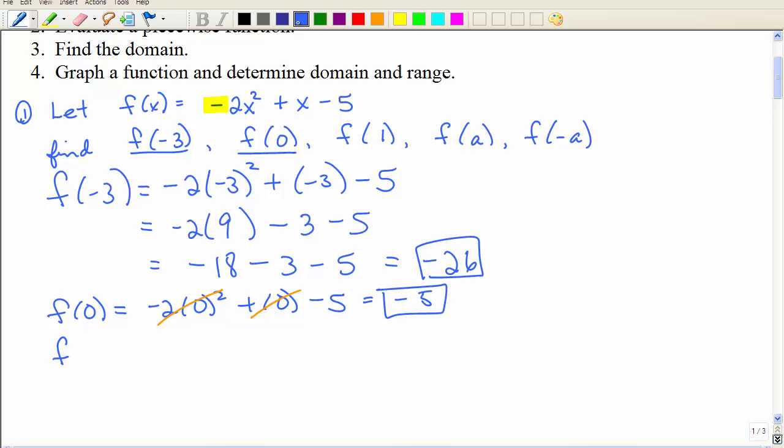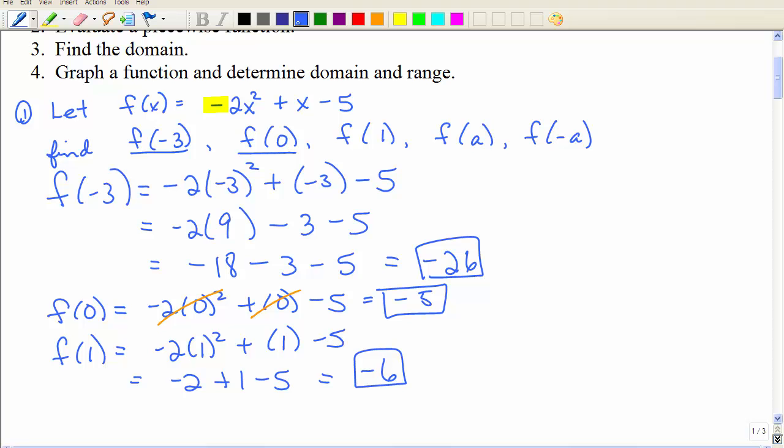All right, so let's do one more numerical example. And I believe that is negative 6. So we've done 3. Now, what happens when we are asked to substitute in for x another letter?